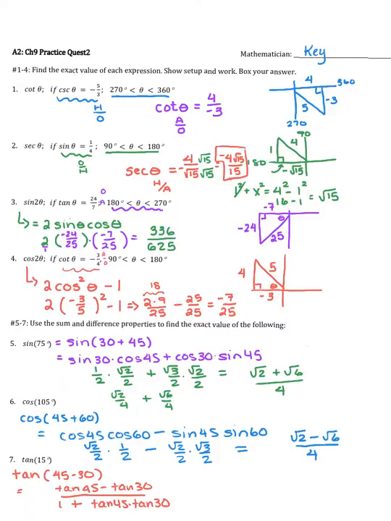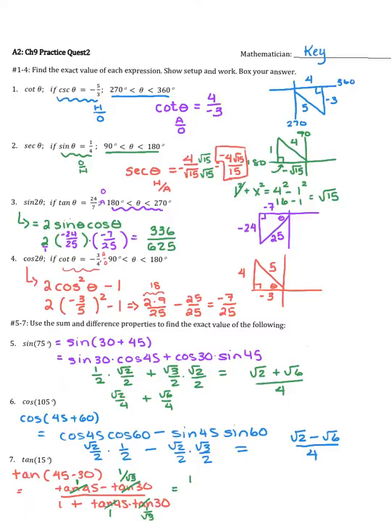And anywhere you see tangent 45, that equals 1, which makes things a little nicer. Tangent 30, you can use the ratio or you could simplify it. I'm just going to leave it as 1 over rad 3.